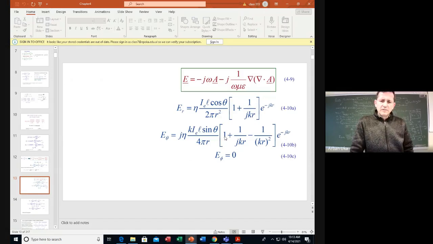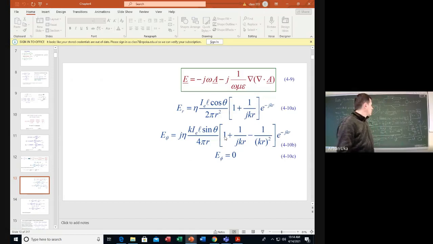Now here we can still have another analysis regarding the behavior of the electric field intensity in different regimes from the antenna, which would be near field, far field. We can still notice here, for example, if Kr is equal to 1, imagine what is Kr equal to 1?